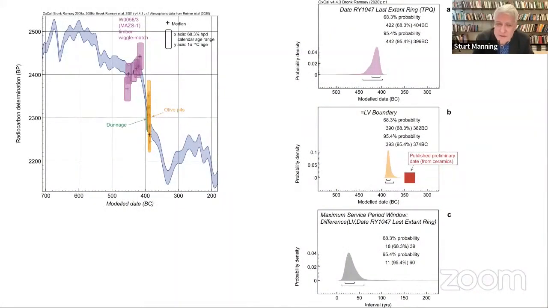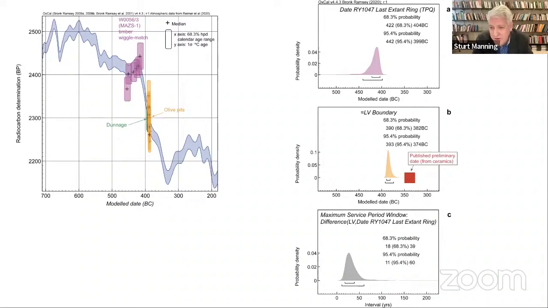Not only can we just see that, we can actually quantify that and estimate that and come up with a time, for example, for the last voyage, which has about an 8-year or sub-decadal range at 68.3% probability, a little bit larger at 95%. We can calculate the approximate service period. And especially in this case, we can then question previous assumptions.